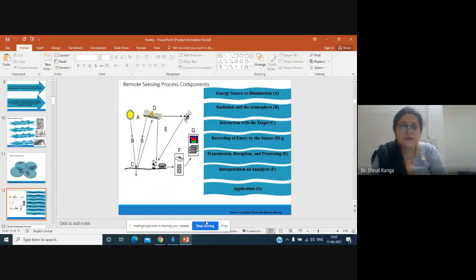Now the remote sensing processes and components. They include A, the illumination energy source, which is the sun, then radiation and the atmosphere. From here it radiates, then interacts with the targets, and then this energy is recorded by the sensor; here the satellite sensors are there.